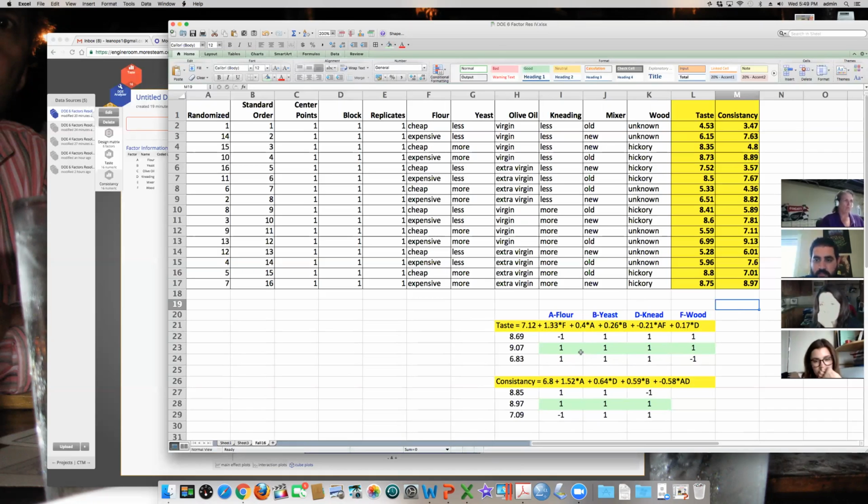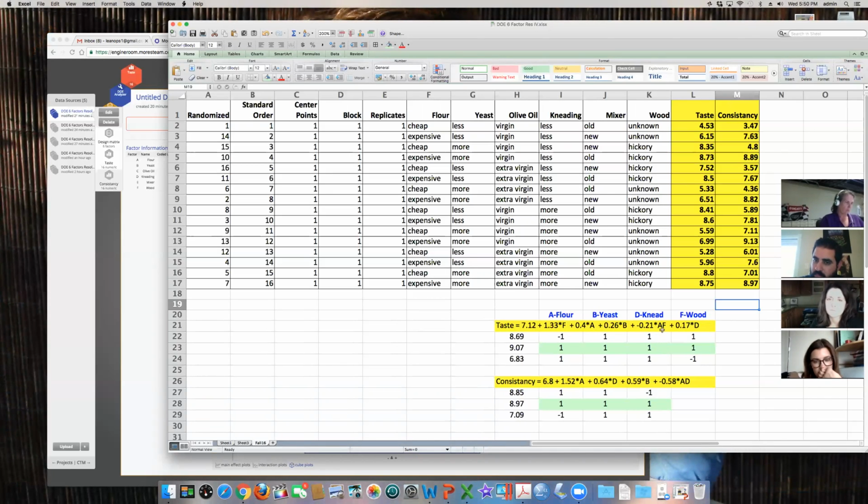Now, what we're looking at with the negatives here: a negative on A doesn't hurt me too much, because I go down 0.4 over here, and then over here I gain back 0.21 because it flips the sign by putting a negative in for A. But when I play that same game with F for the wood, when I put a negative in for wood, I get a negative 1.33, so it's a really hard hit on the wood.